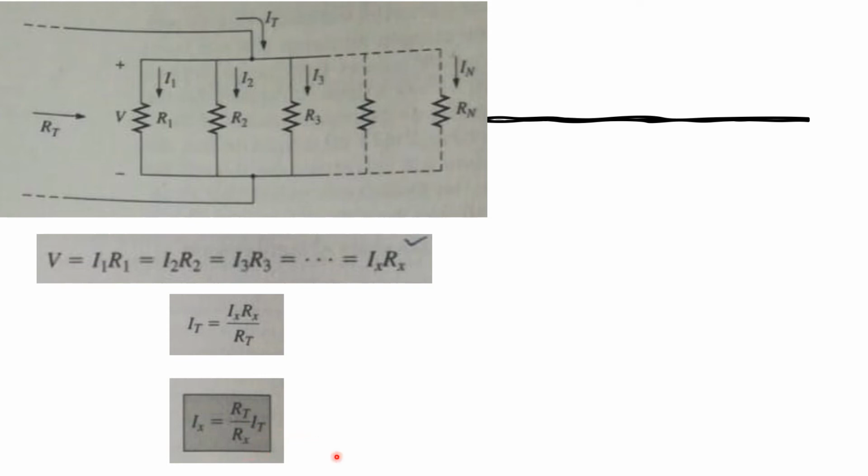Now you can find the current through any branch using this relation. If we are going to find the current I1 through branch 1, we can write that I1 is equal to RT divided by R1 into IT.